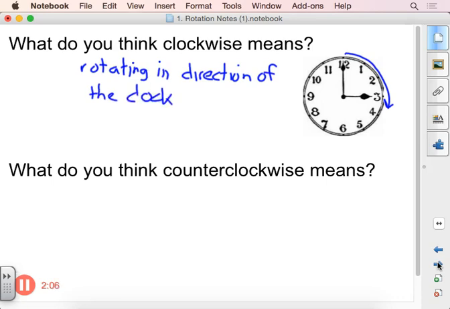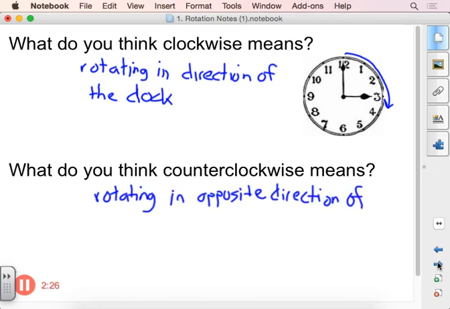So, of course, counterclockwise means rotating in the direction opposite the clock. If it's counterclockwise, it's the opposite of clockwise. So we say rotating in the opposite direction of the clock.